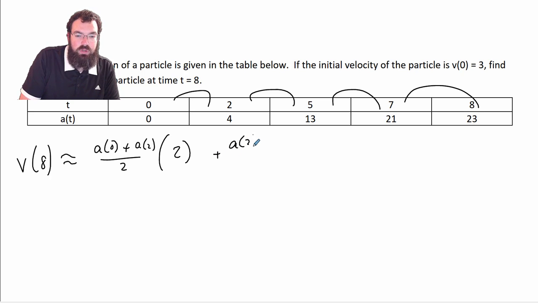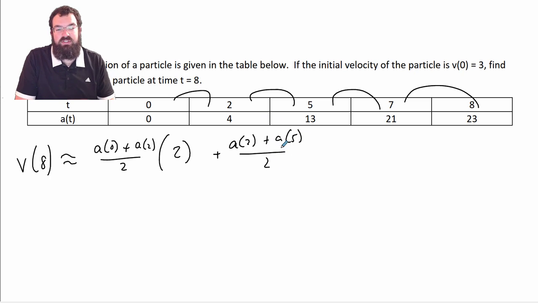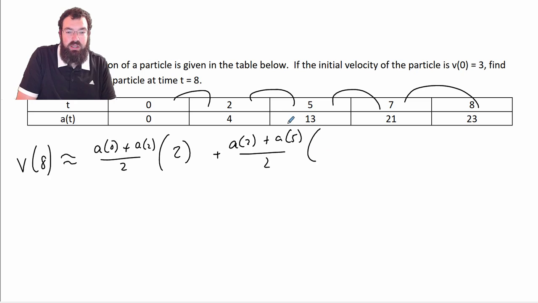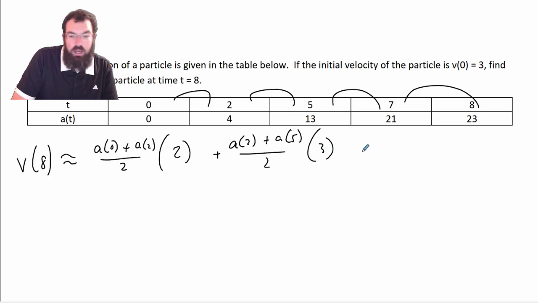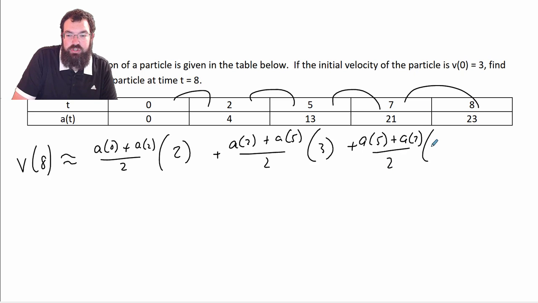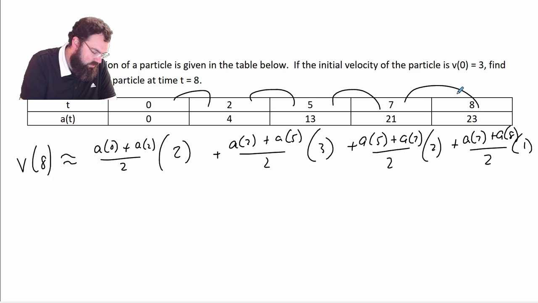Plus a of 2 plus a of 5 over 2, that's again the standard, times 3, right, because that's how wide that box is, plus a of 5 plus a of 7 over 2, times 2 plus, and then a of 7 plus a of 8 over 2 times 1, right? Because that's how wide that box is there.